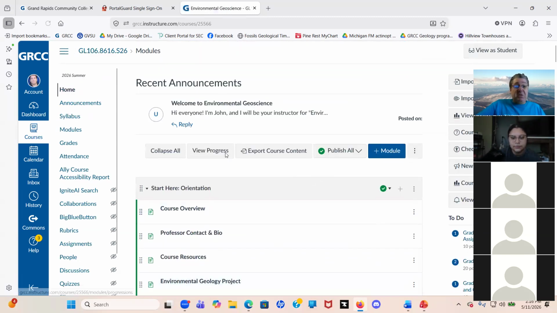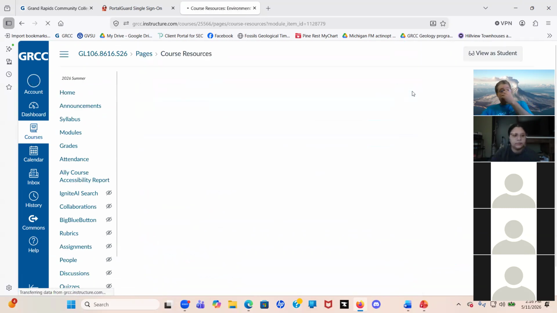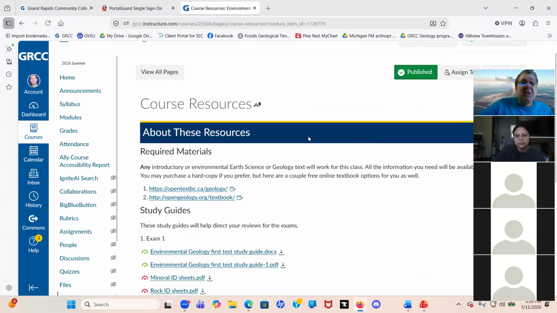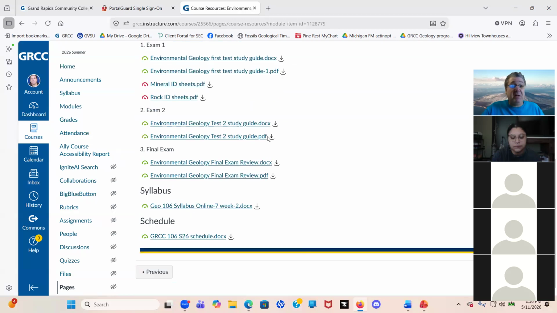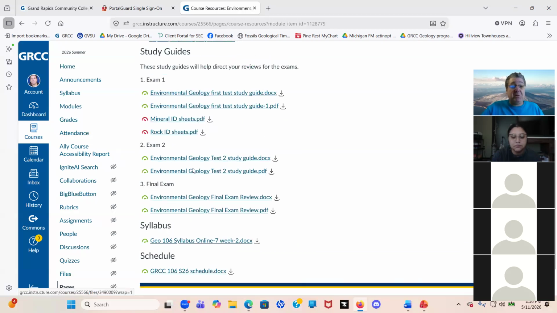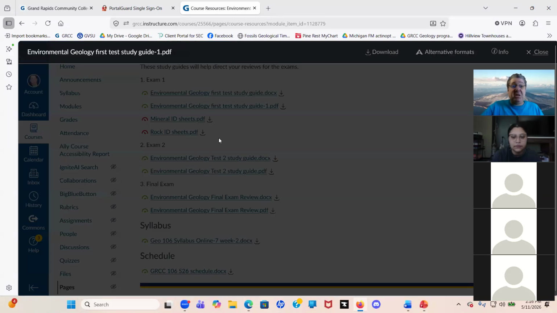And then the important ones, course resources. Right under course resources, I have linked a couple direct links to those free online geology textbooks, should you want any of those. Also take note, study guides for the entire semester are already up here. There's exam 1, 2, and then the final exam. So let's take a look at this first study guide here.